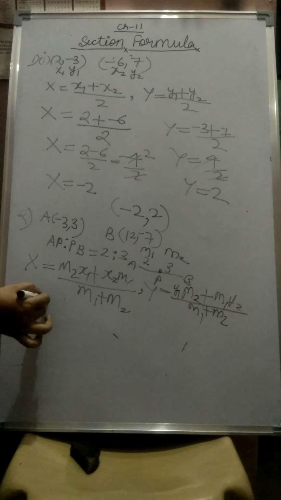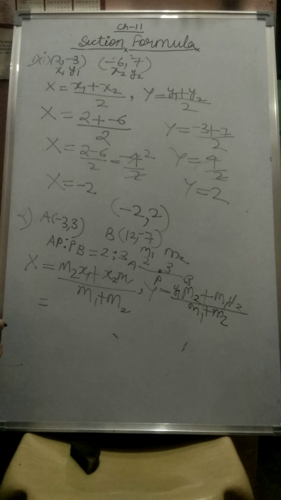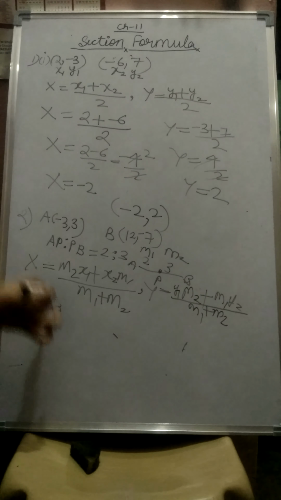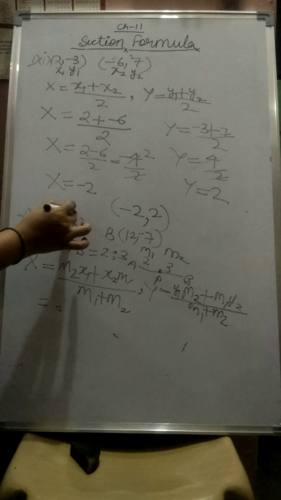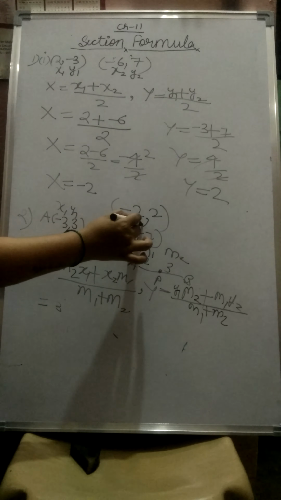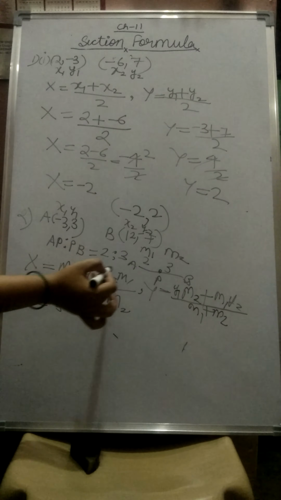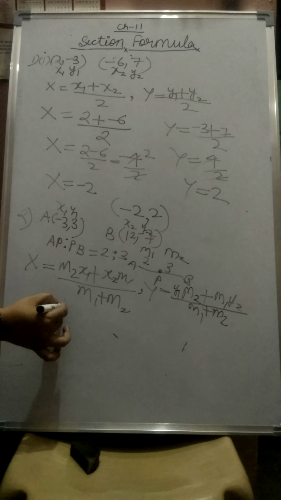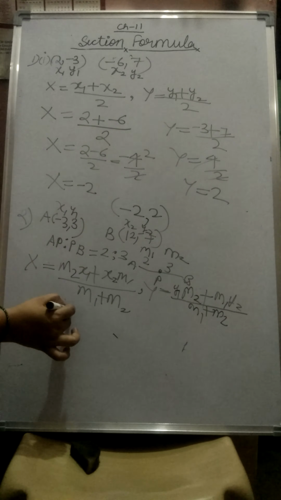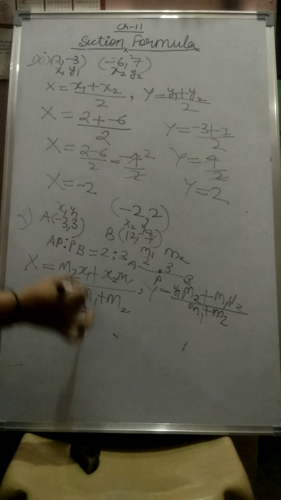Put the values. These are the coordinates x1, y1 and x2, y2. In place of m2 we write 3, and in place of x1 we have minus 3, plus x2.